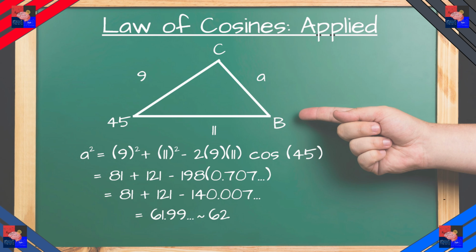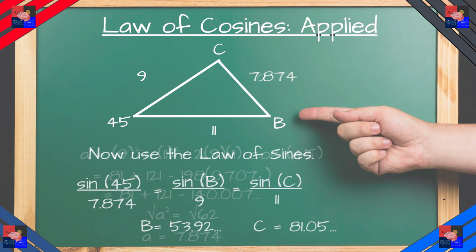We multiply 198 with the cosine term. Then we use simple arithmetic. Then we take the square root and we get 7.874 for the side. And now from here we can use the law of sines to figure out B and C.